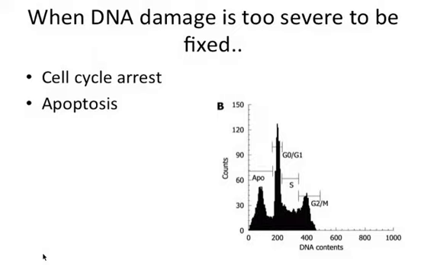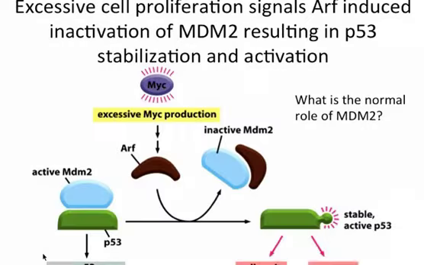It's your DNA content, and you'll get this G0, G1 here, S phase, and your G2M. So the DNA content of your cells varies based on what's going on with the cells. And if you've got these cells all the way down at the bottom with almost no DNA, those are your apoptotic cells. So we'll talk about apoptosis shortly.